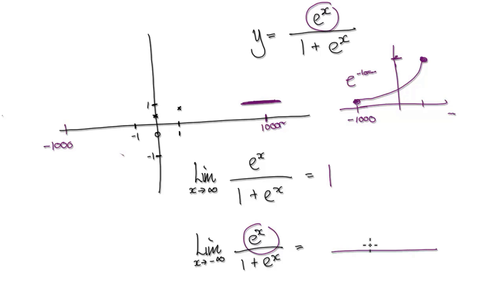So imagine this as being a very small number, and then you've got 1 plus a really small number. That's exactly the same as the above.